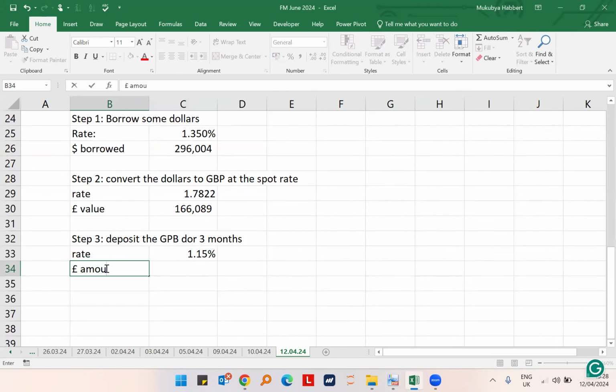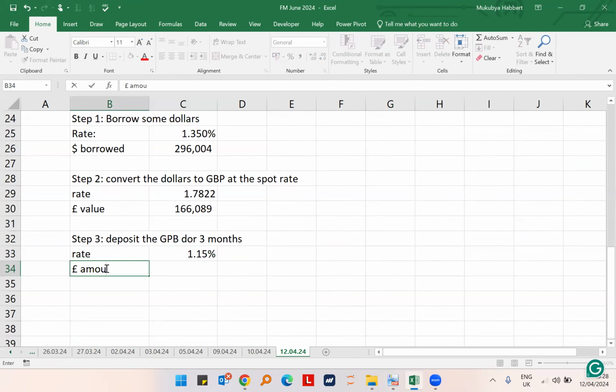So they told us to compare it with the forward. So we can compare with the forward value if I use the forward rate agreement, or the money market hedge. If I use the money market hedge, this is what I get, 167,999.